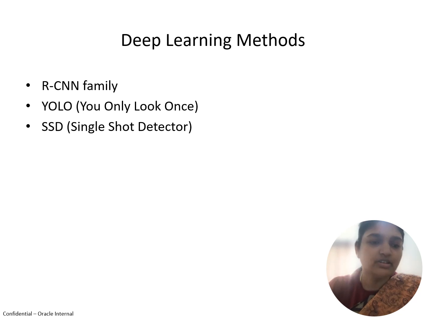Next one is YOLO, You Only Look Once. It is a popular and influential real-time object detection algorithm in computer vision. It revolutionized object detection by treating the task as a single regression problem, enabling faster processing compared to older methods.